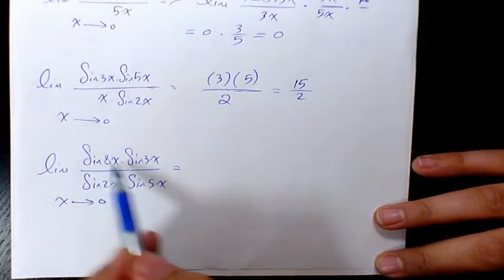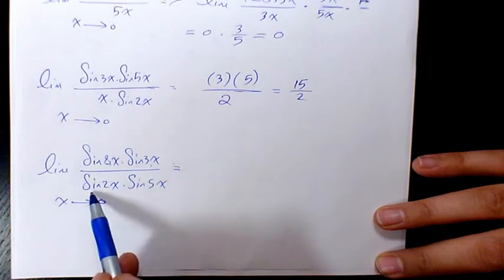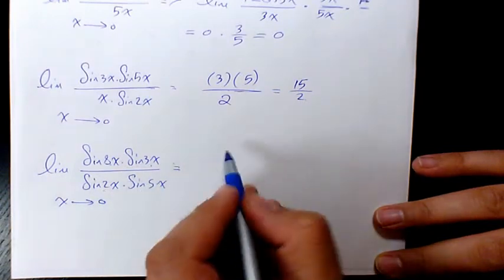Sine 8x, sine 3x over sine 2x and sine 5x.